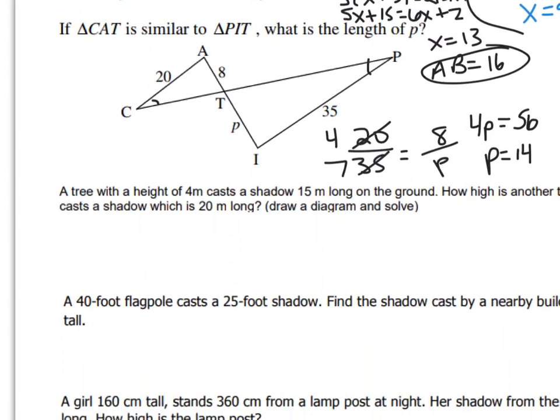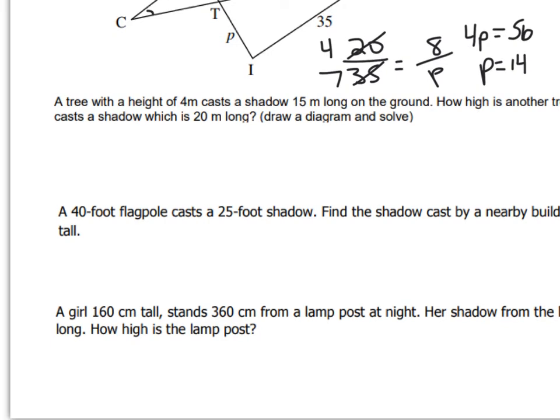With word problems, the most important thing is to draw a picture. A tree with a height of 4 meters casts a shadow that is 15 meters long. How high is another tree that casts a shadow 20 meters long?